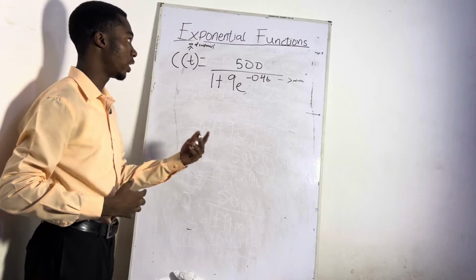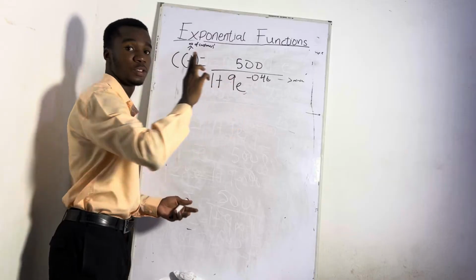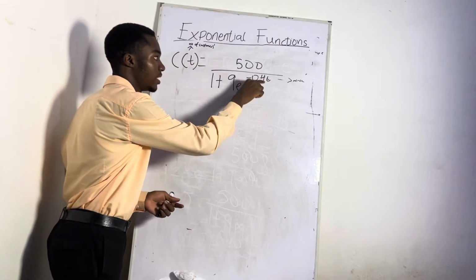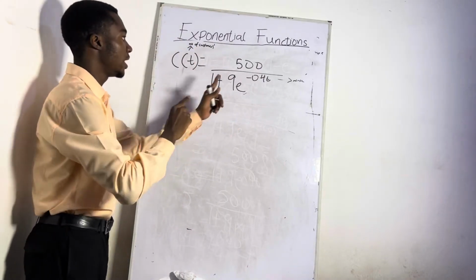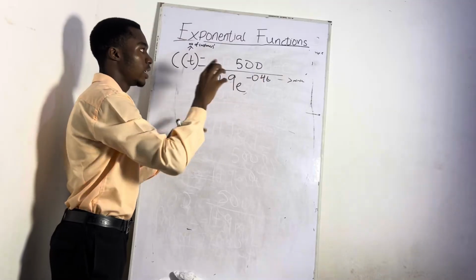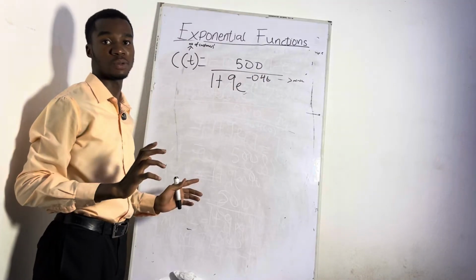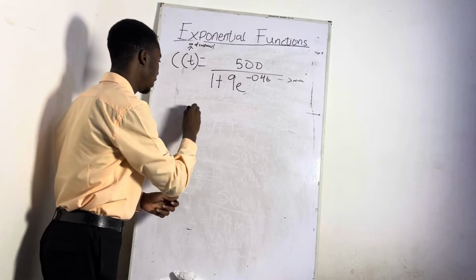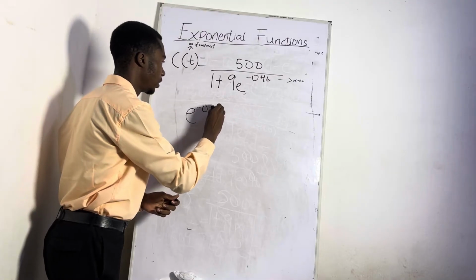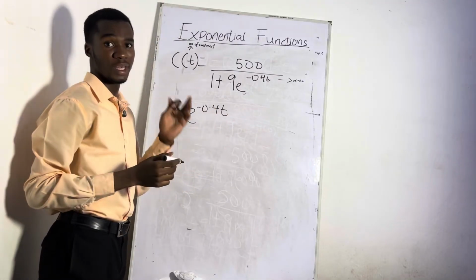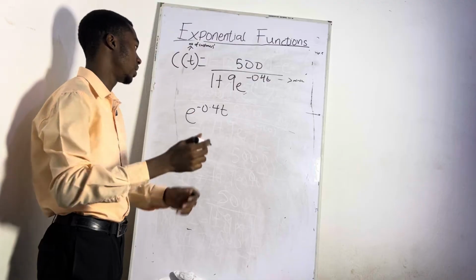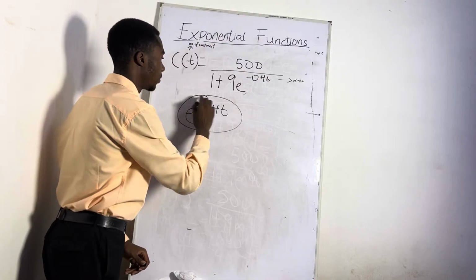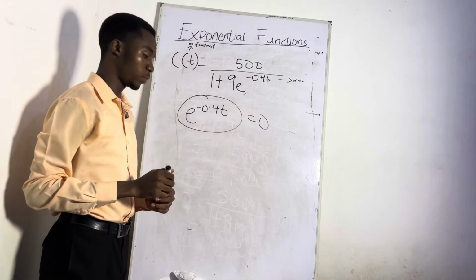Every time when people are joining, it means the time is approaching infinity. And anytime t is approaching infinity, e exponent whatever is there becomes 0. If you have e^(-0.4t), and this t is becoming bigger as it's approaching infinity, all this becomes 0.